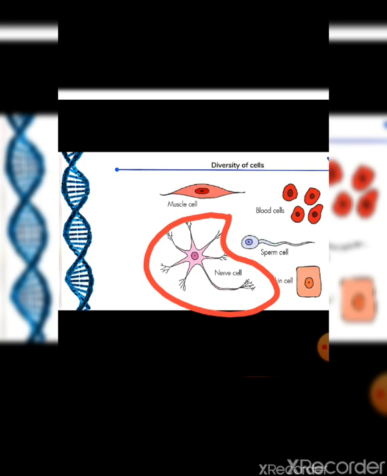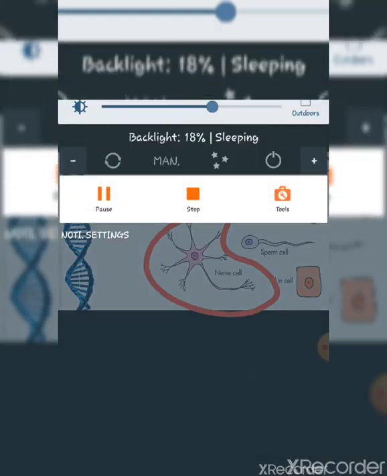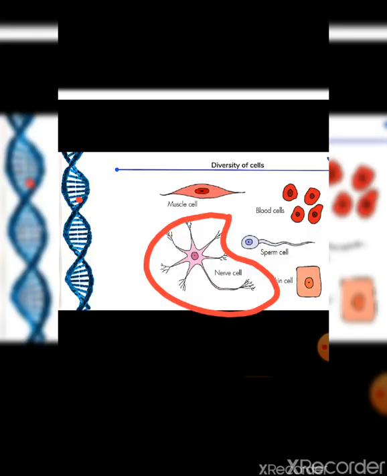For example, whenever we touch a hot cup of tea, what happens? Suddenly we leave that. Why? Just imagine how fast we have got the information that somebody is harming our skin. So this is the function of the nerve cell, that it carries the information from one place to the other.